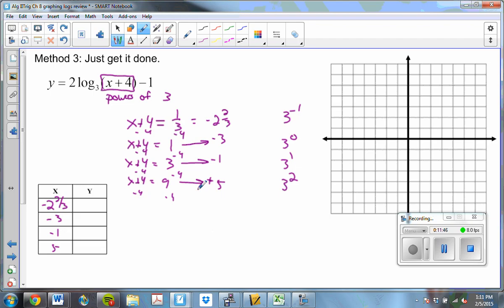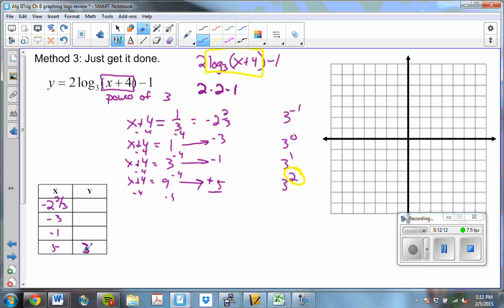Well, now when I plug those numbers in for x, I'm literally going to do 2 log base 3 of, I'll plug in this one first, 5 plus 4, minus 1. But I already know what this is going to come out to. This is going to come out to this, because the log is the exponent. So this really becomes 2 times 2 minus 1, which is 3.